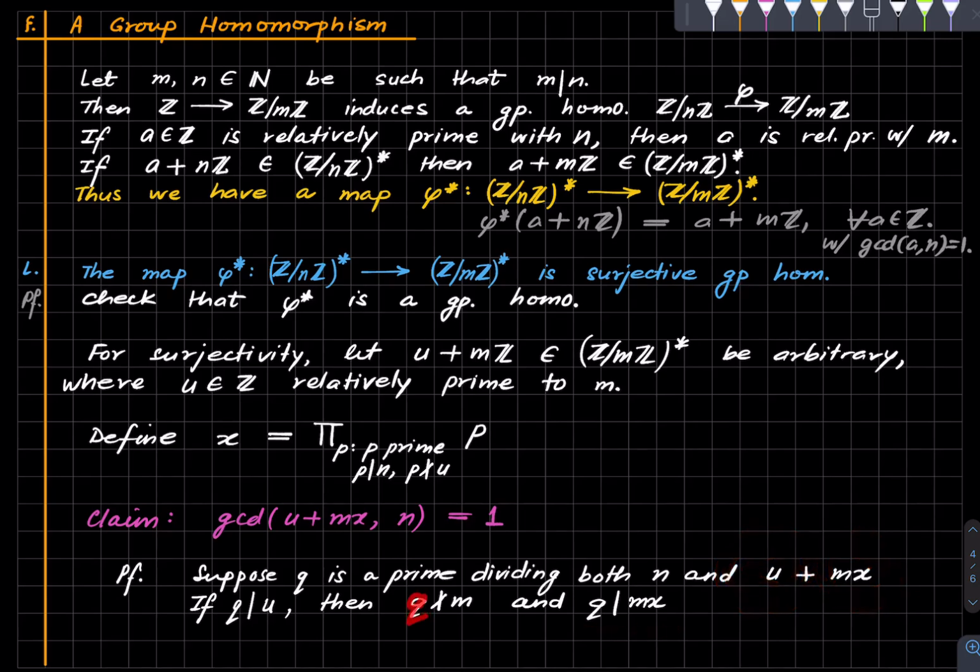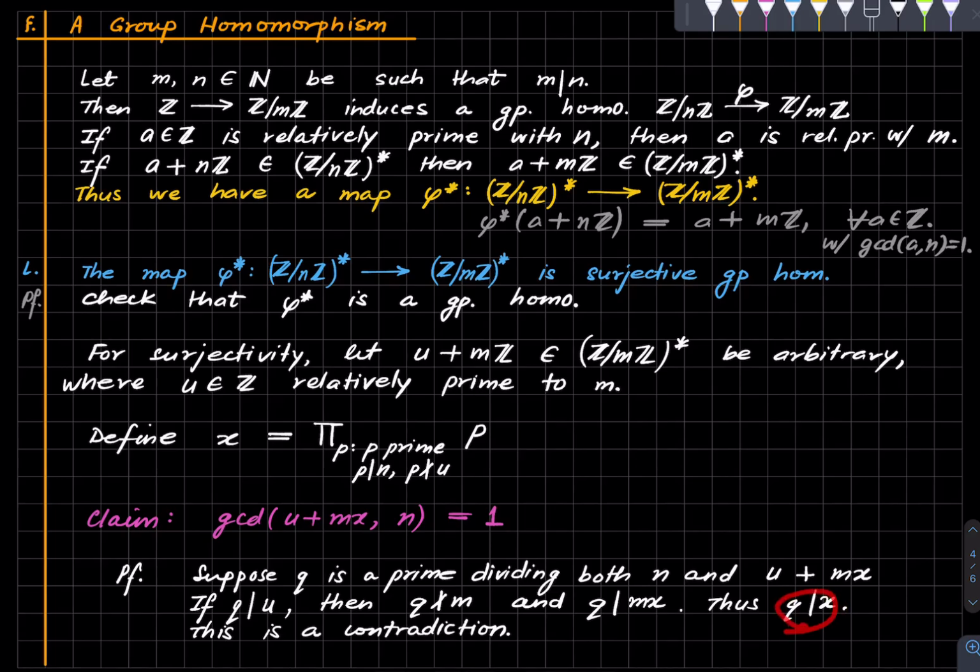But now since q is a prime, it does not divide m and it divides mx, it implies q divides x. So q is a prime which divides u, which divides n, and it also divides x. That is a contradiction. Why?